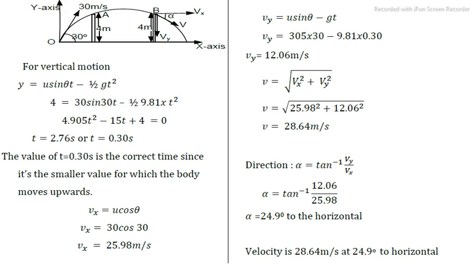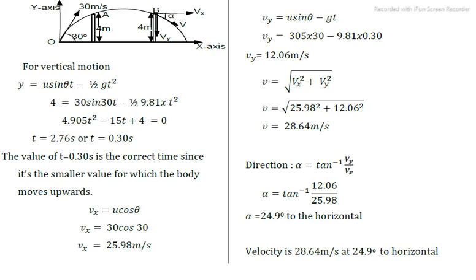So the vertical component is given as Vy, which equals u sine theta minus gt. That is from the first equation. Then we shall substitute to get Vy.